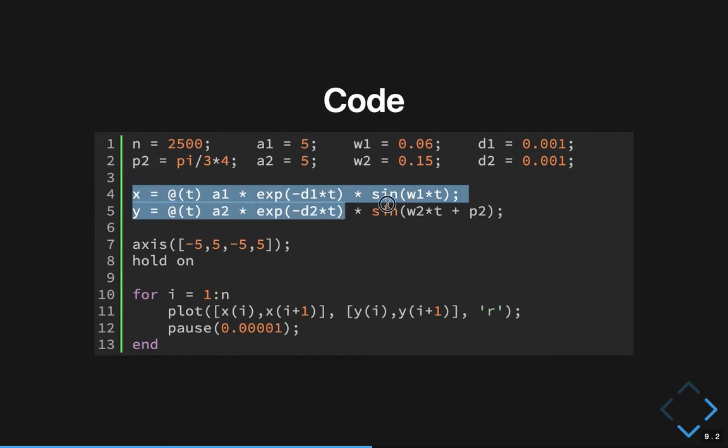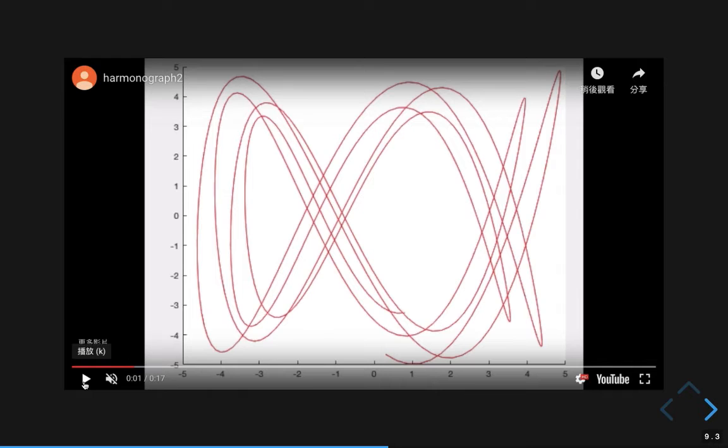These two lines define the equations, and this sets the range of the axes, and we plot the two consecutive points with a line, and let's see the demo video.